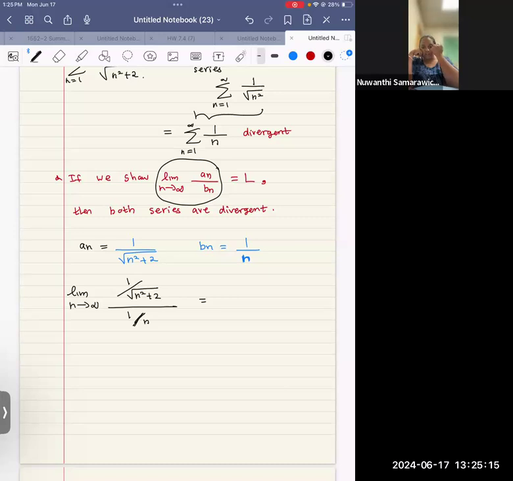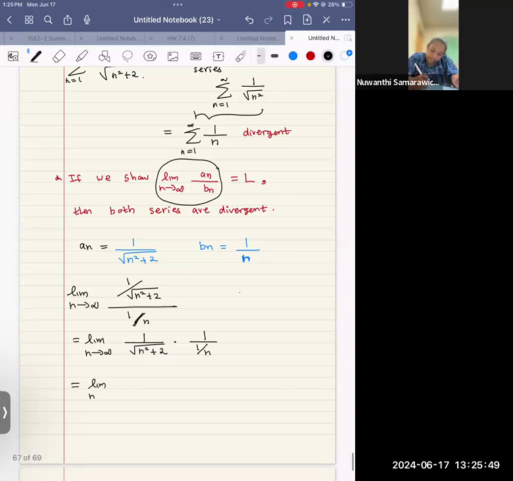Is equal to 1. Yes, we have one answer. So let's start. We can write this as the limit as n approaches infinity of 1 over the square root of this one, into 1 over n.